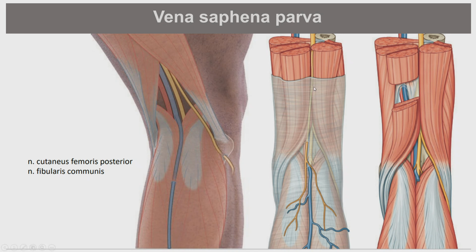Here you can see a cutaneous nerve, which is called posterior cutaneous nerve of the thigh, or nervus cutaneus femoris posterior, directly coming from the sacral plexus, and here is making a branch around this posterior aspect of the thigh and popliteal region.